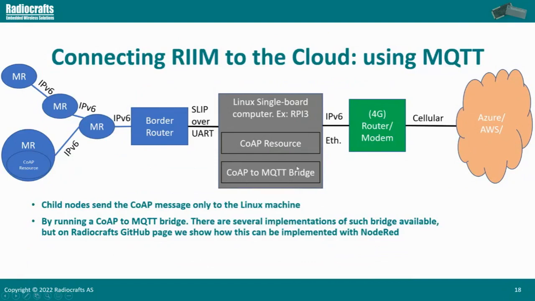So basically, you also have that option. If you want to use Amazon Cloud Services, for example, or Azure, you can always also do that. You will only need to send the CoAP only to your Raspberry Pi, and then there, using our firmware, our code, you can just convert CoAP to MQTT, and then you can speak with any cloud you would like.